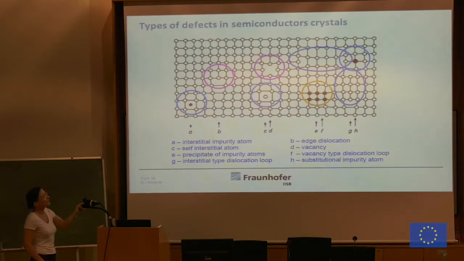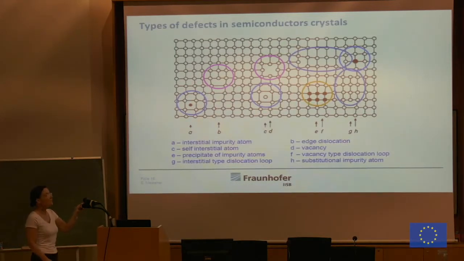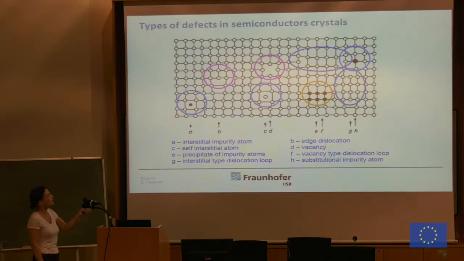And what you also immediately imagine is that all those defects cause strain to the surrounding. So they are doing something to the surrounding. If there is an atom missing, of course, the surrounding is differently happy. It's not so happy as before. So you cause some strain, and the lattice maybe has to expand.